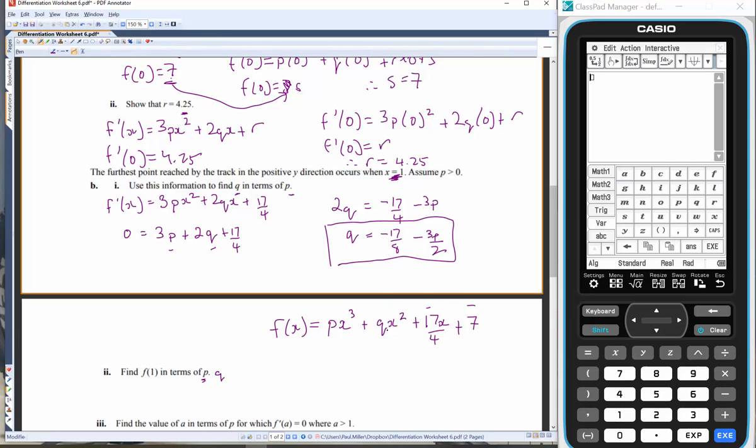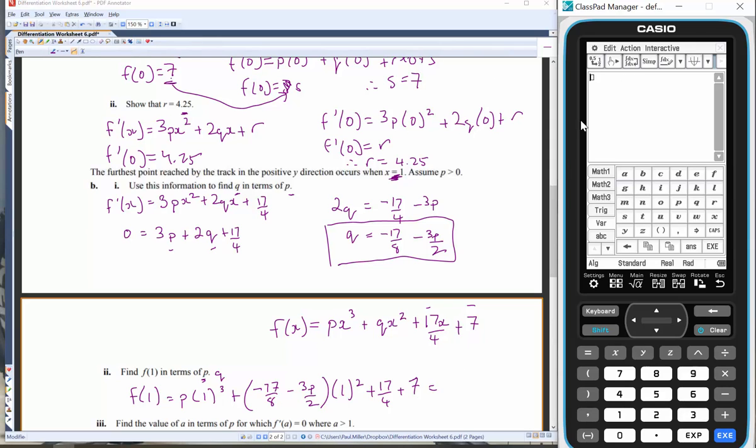So what I'm going to do is simply do f of 1 equals p times 1 cubed plus, and instead of writing q here, I'm going to write what q actually is, which is negative 17 on 8, take away 3p on 2. x squared is simply 1 squared, which is 1, plus 17 on 4 plus 7. All right, now I haven't used the calculator yet, but I'm not going to do that by hand.